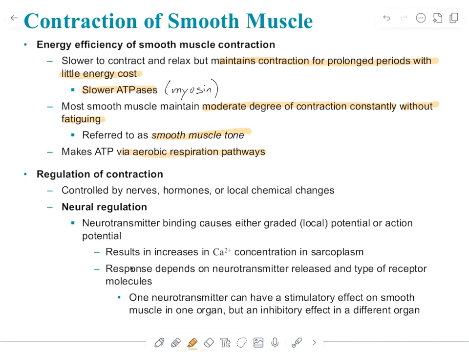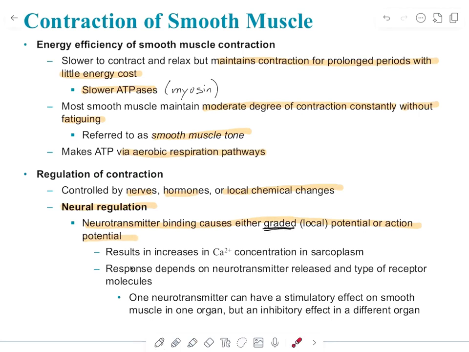The regulation of control is somewhat like cardiac. It's by nerves, hormones, and even local chemical changes. Like there could be irritation on the inside of the GI tract, and that causes it to change. And the neuroregulation is still that a neurotransmitter binds, causing either a local graded potential or an action potential.